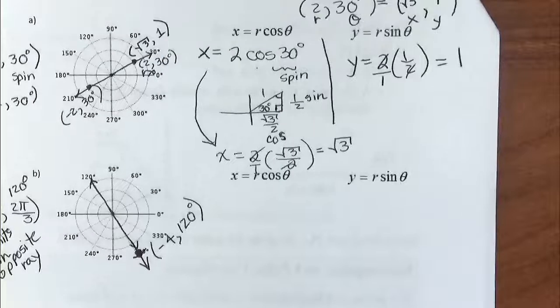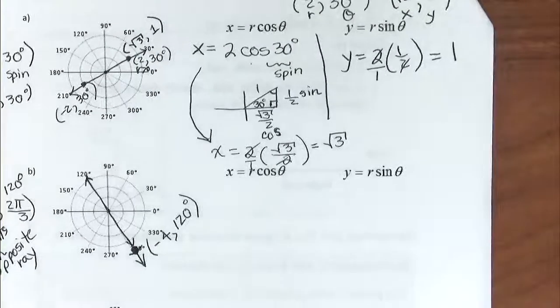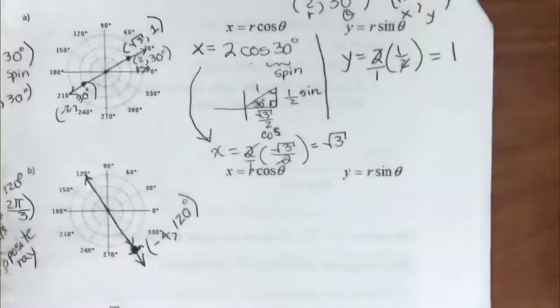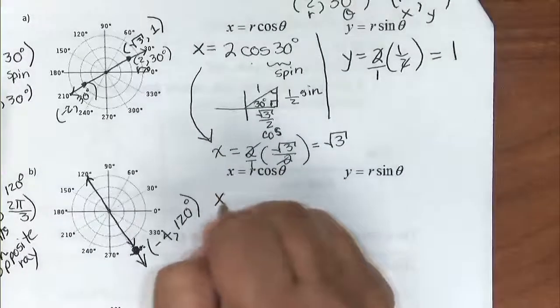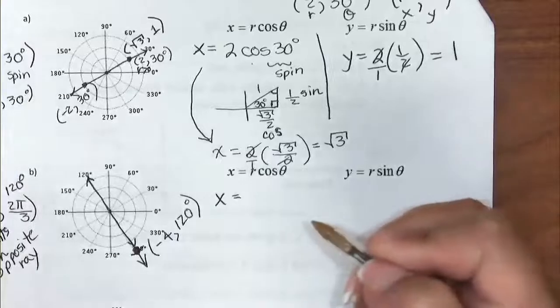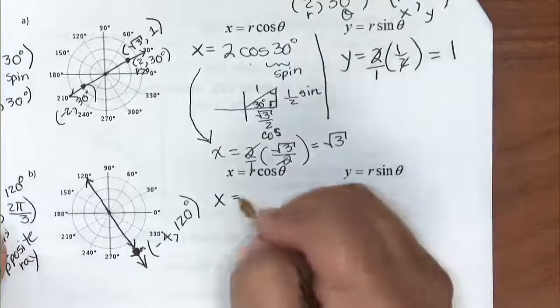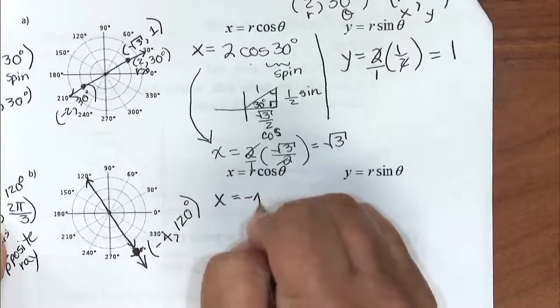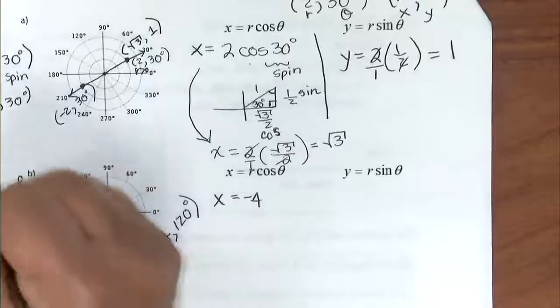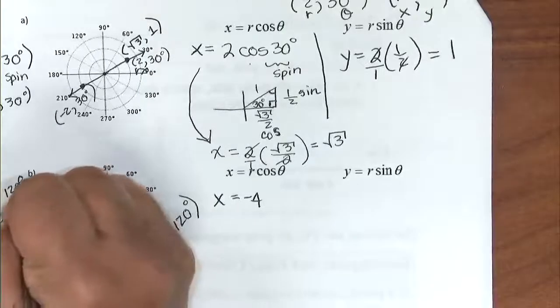Okay, let's do it again. We're going to do another practice right here. You already learned how to plot the point. Now let's practice on doing the formulas. All right, so in this problem, let's see, what was my R? My R was -4. Remember, this is the R. This is your theta right here.